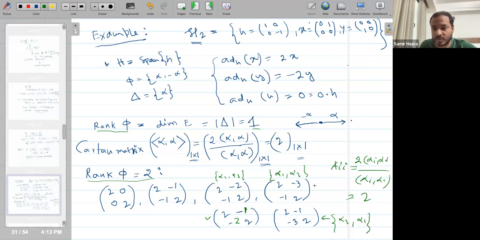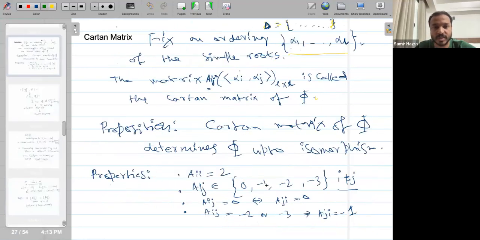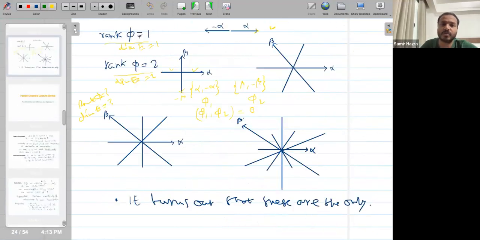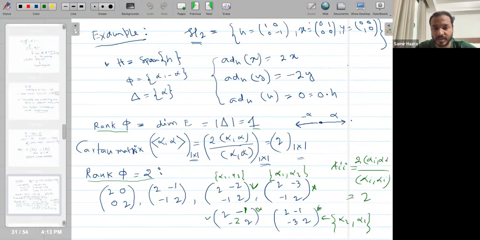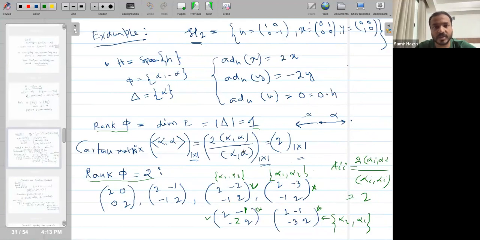So these are also equivalent. Similarly, this and this are equivalent. So you see that there are no more possibilities, and therefore these are the only Cartan matrices. There are only 4 different Cartan matrices of a rank 2 root system. This is no accident. We have seen that in rank 2 there are only these 4 possibilities, so it is obvious that we shall get only 4 different Cartan matrices.